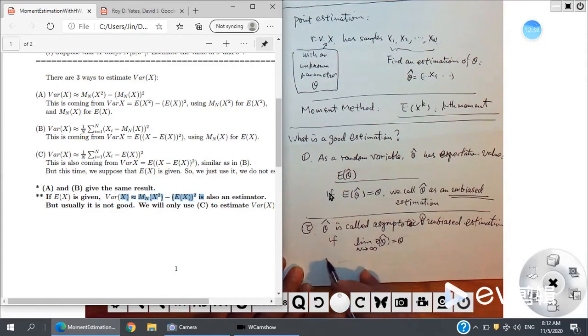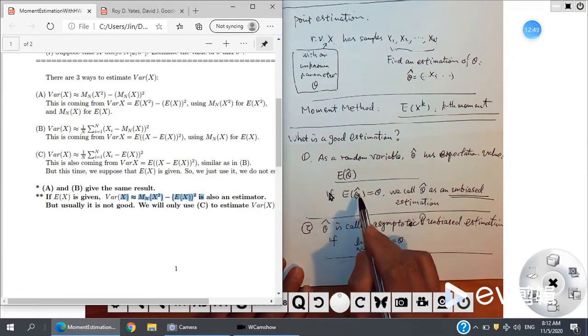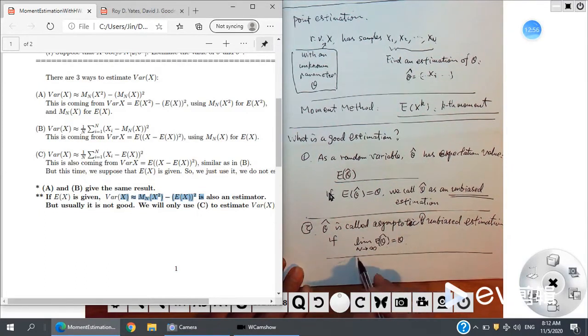Alright, this condition is not as strong as the first. In the first, the mean is exactly equal to theta. This is unbiased estimation. Now you can have an estimation where E of theta hat may not equal theta. However, the limit is theta. So when you take more samples, you can have a better estimate, right?